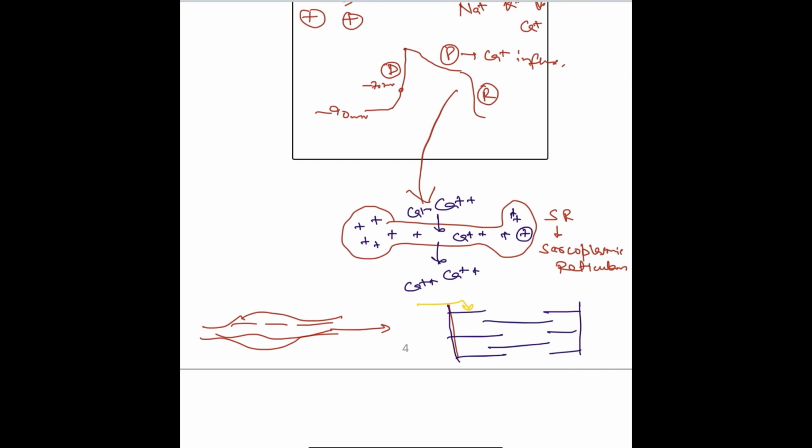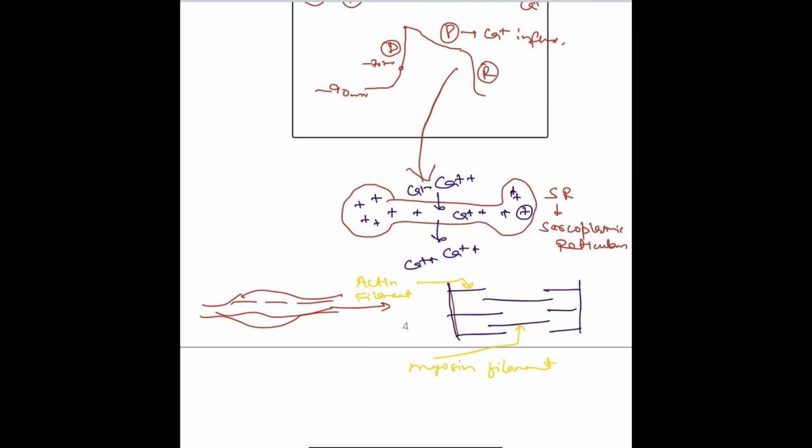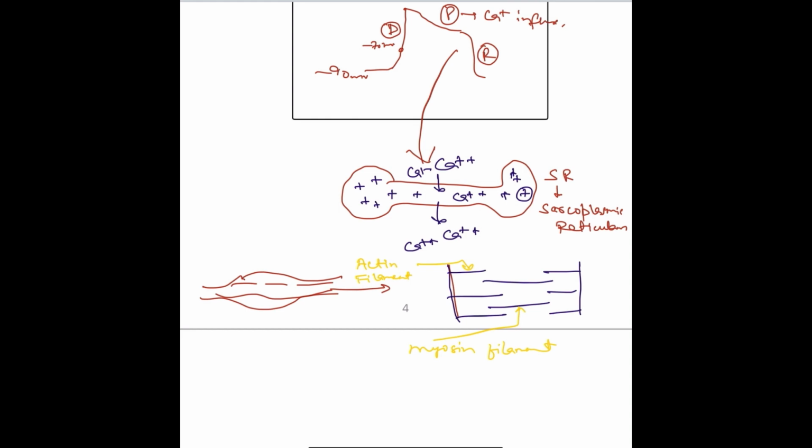This one is the actin filament, this one is the myosin filament, and in between there is troponin, which is a protein that holds the calcium attached to the troponin itself.